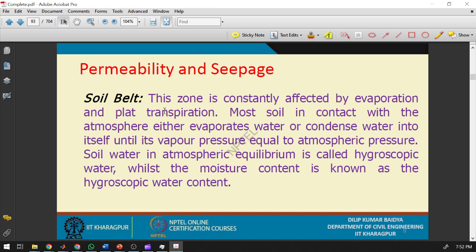This is plant transpiration. So that top soil in which the water is always affected by the weather conditions is the soil belt. Soil water in atmospheric equilibrium is called hygroscopic water. I don't think this is correct.